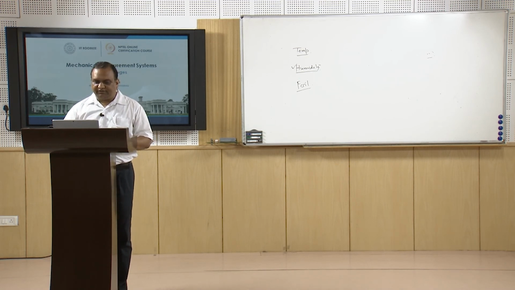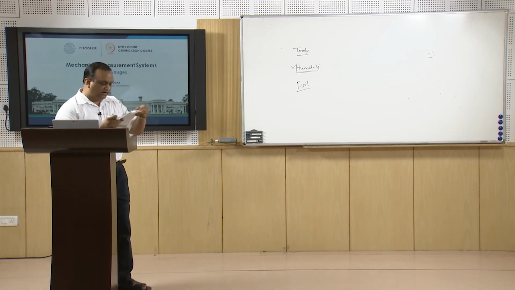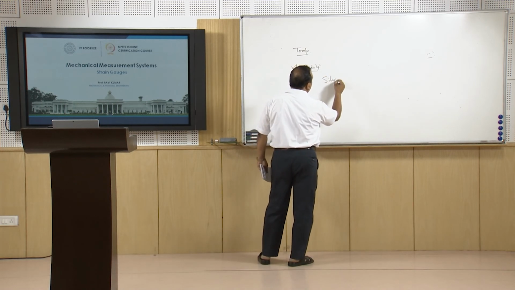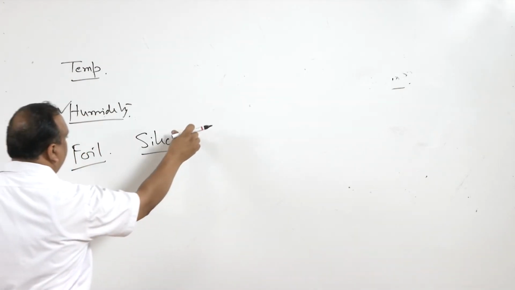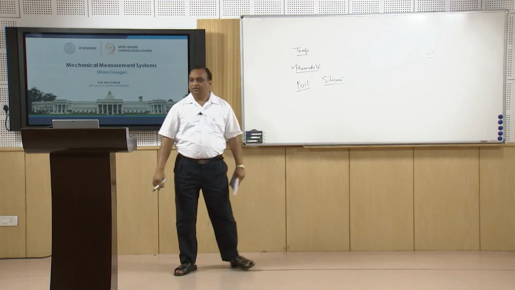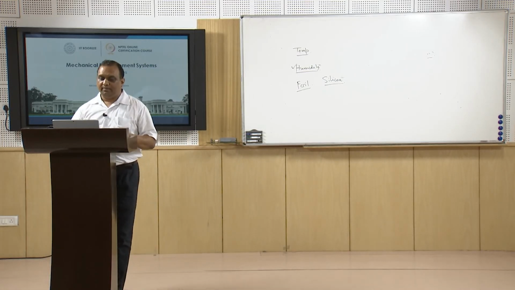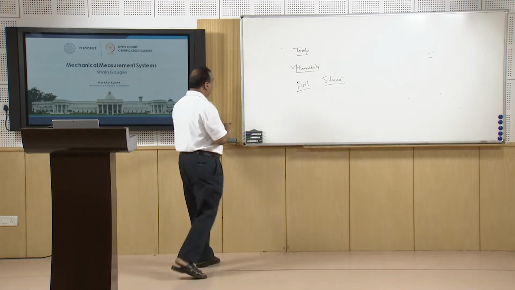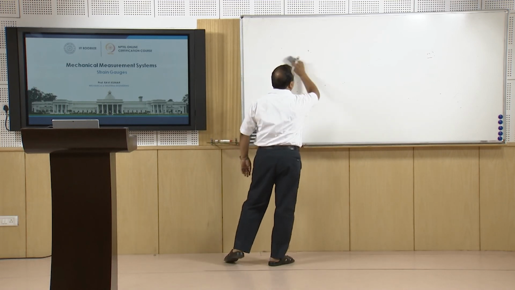Regarding the semiconductor strain gauge, they are normally made from silicon crystal. For designing the strain gauge, orientation and doping are important, right? If you increase the doping, it affects the resistivity of the strain gauge.